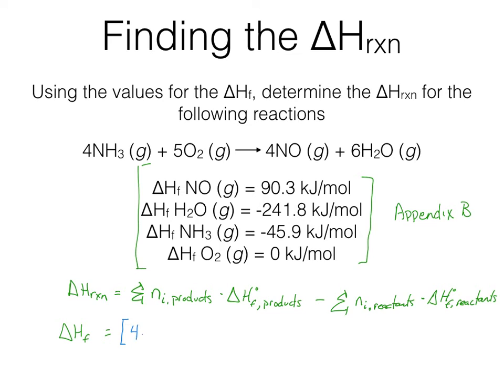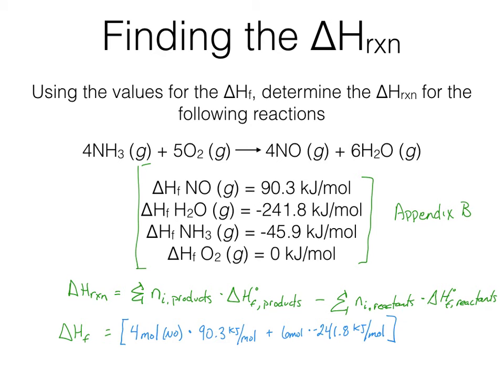I have 4 moles of NO times my delta H of formation of NO, which is 90.3 kilojoules per mole, plus 6 moles of water times negative 241.8 kilojoules per mole for water.